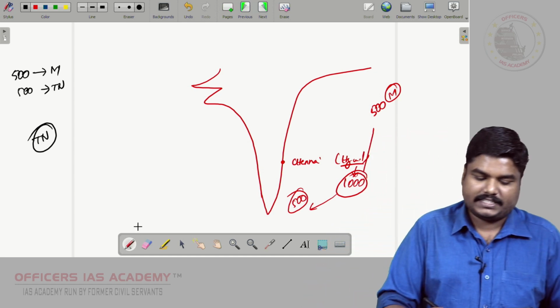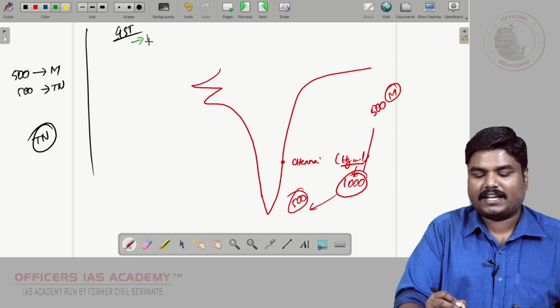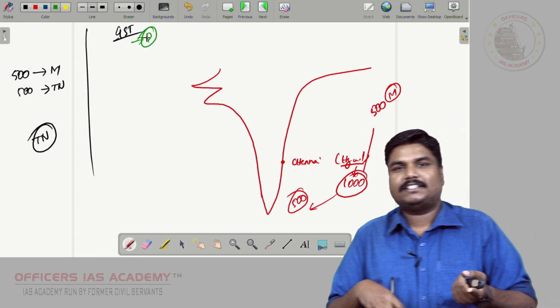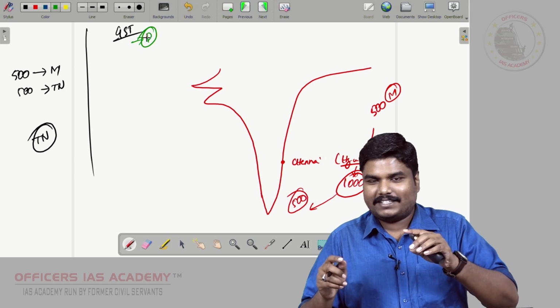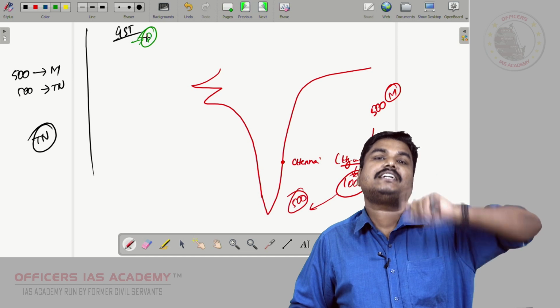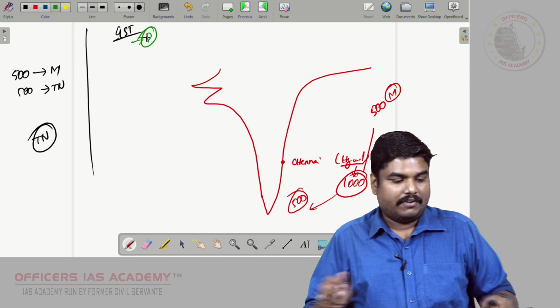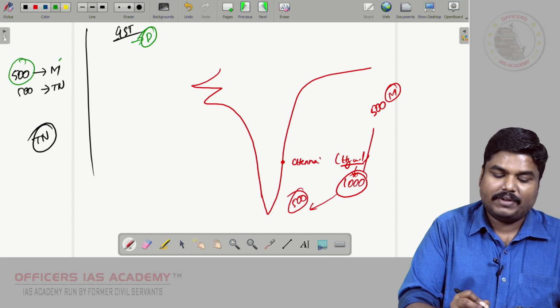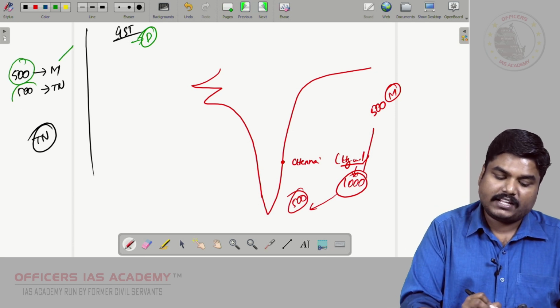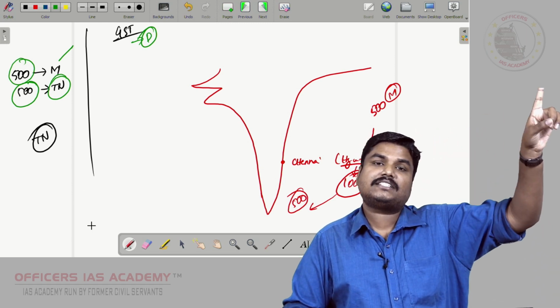But however, what did GST do? GST is a destination based tax. Opposite. The sale origin may be in Tamil Nadu, but where is the car finally consumed? In Maharashtra. 500 cars are finally consumed in Tamil Nadu, but 500 cars finally go to Maharashtra, right?